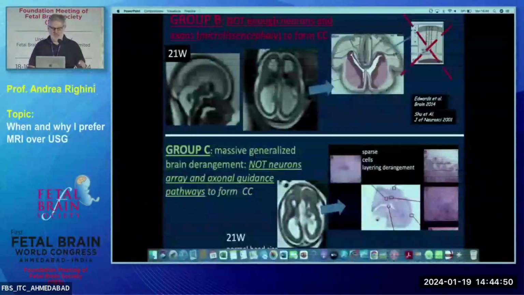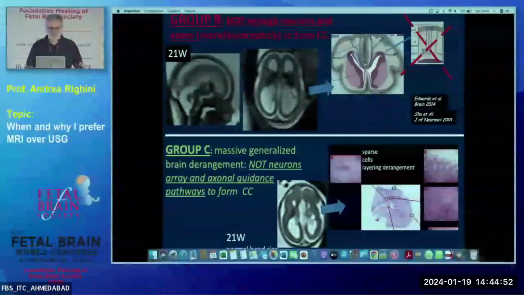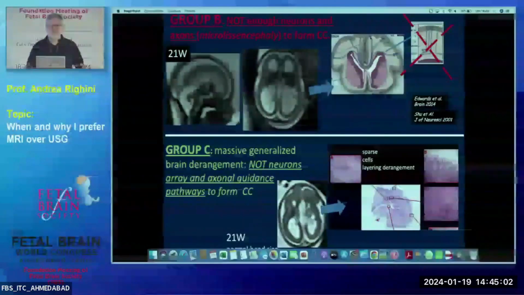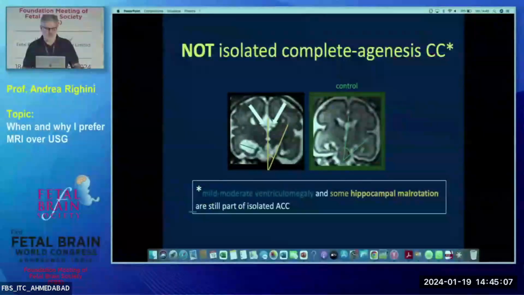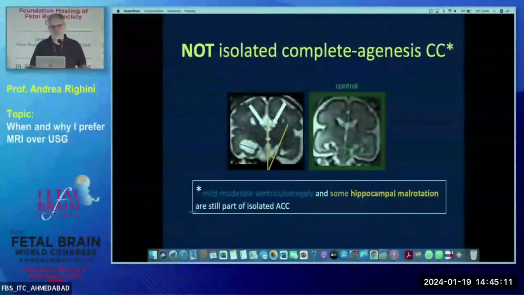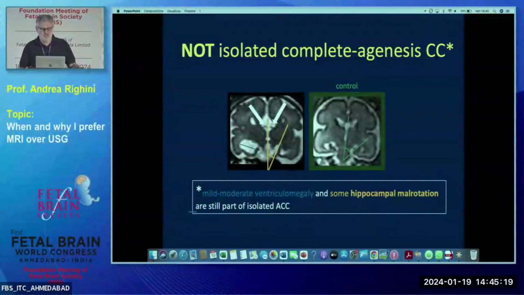And sometimes in group C, you don't have material, plus you have sparse cells and heterotopia across the brain mantle, so all the pathways are interrupted, distorted, deranged, and so the corpus callosum itself cannot form. But as we said in the morning, even in the so-called isolated agenesis, the prognosis is still an open field for research.